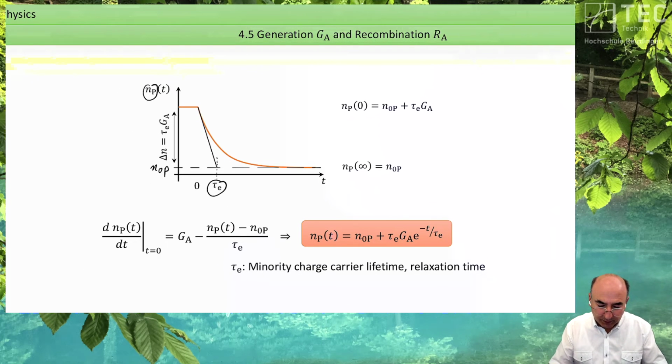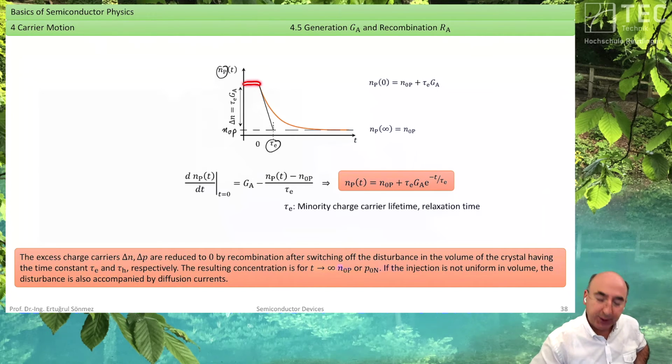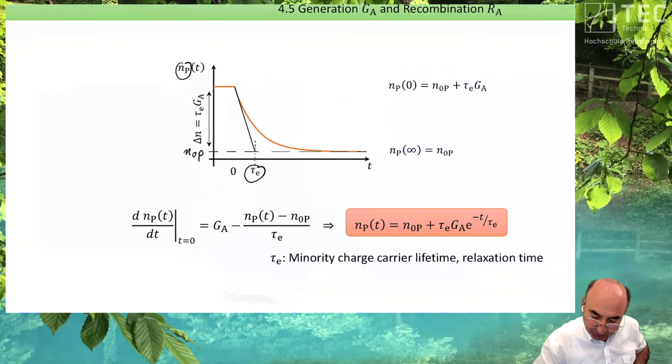Okay, so what we see here: if we switch off the generation, we have, due to this generation, an excess concentration. And the linkage between generation and concentration is a time constant. Again, due to additional generation, we have a higher concentration.